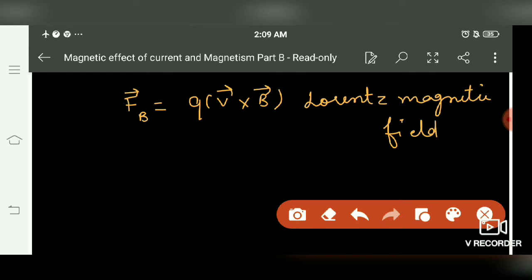And this force due to electric field is given by Q electric field. This is called Lorentz electric field.